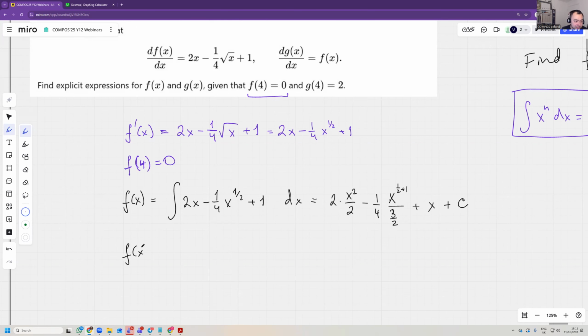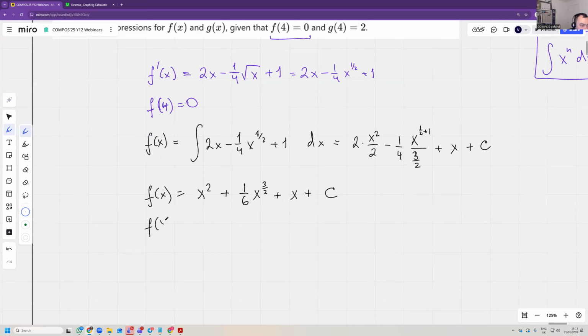Now let's simplify that. f of x is x squared plus 1/6 x to the power 3 over 2 plus x plus c.